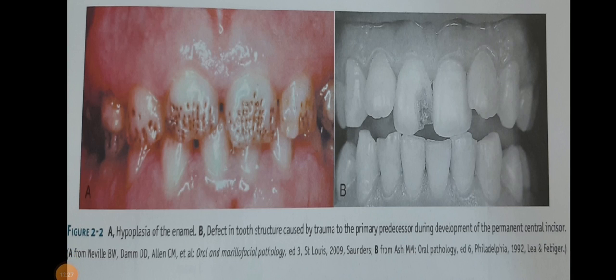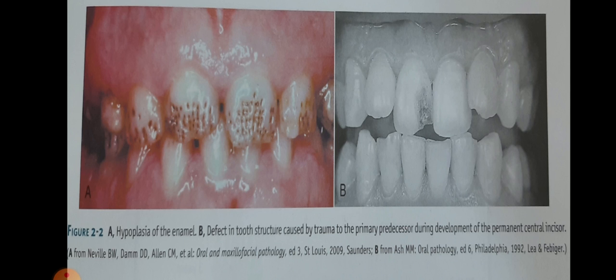Malformations. It is necessary to know the chronologies of the primary and permanent dentitions to answer questions about when disturbances in the form, color, arrangement, and structure of teeth might have occurred.